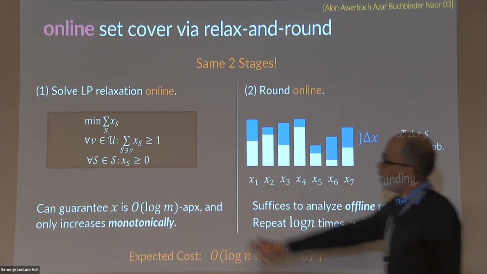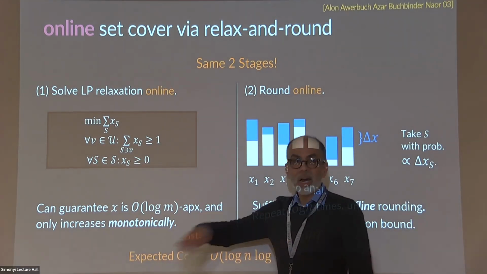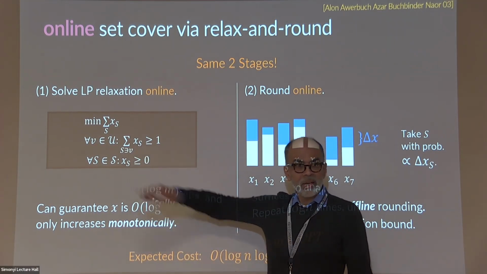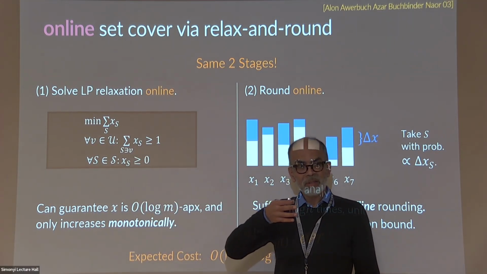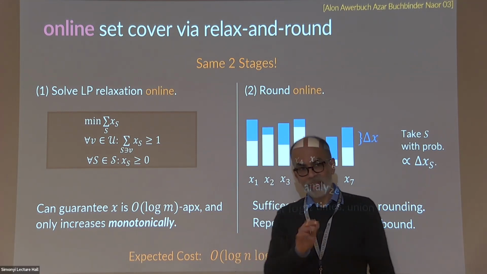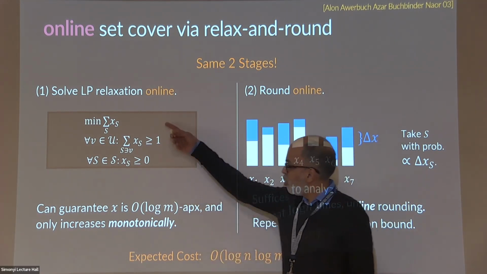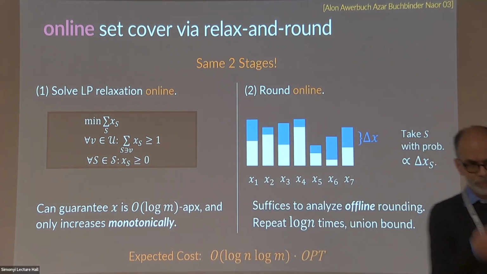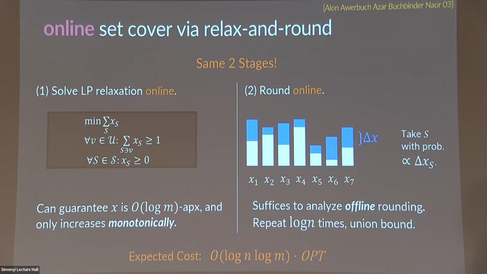What we know is that as long as the LP is a covering type LP, that is, all the coefficients on the left-hand side are positive, and you only are going to increase, then you can get a log m, log of the number of constraints. General LPs, I think you're pretty much dead. Okay. Log m and log n, 2 logs.